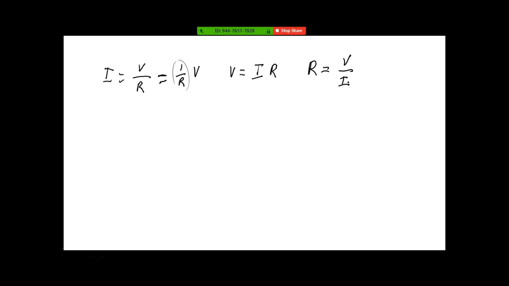They do mention one other thing. Sometimes they represent the voltage by E rather than by V. So if you see I is equal to E over R, that's the same Ohm's law. You usually talk about voltage in terms of direct current, but you could talk about both in direct current.